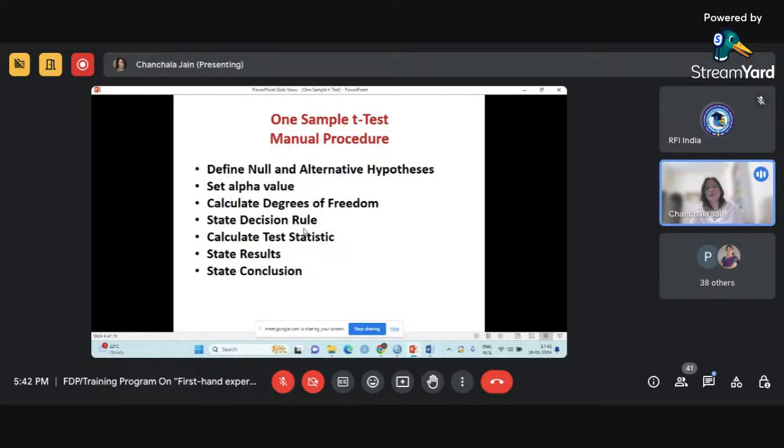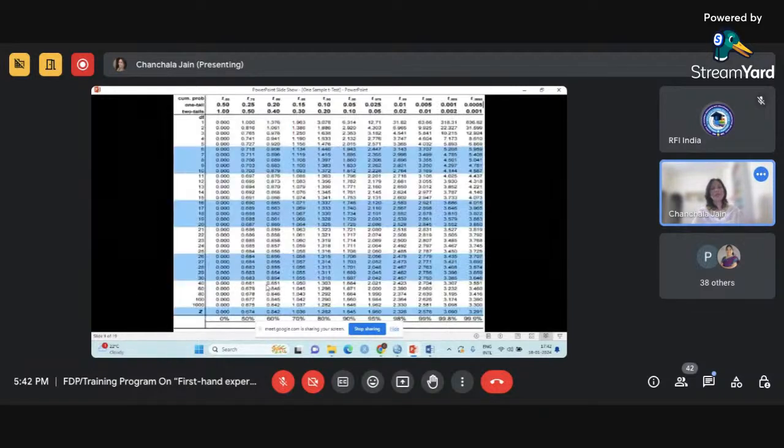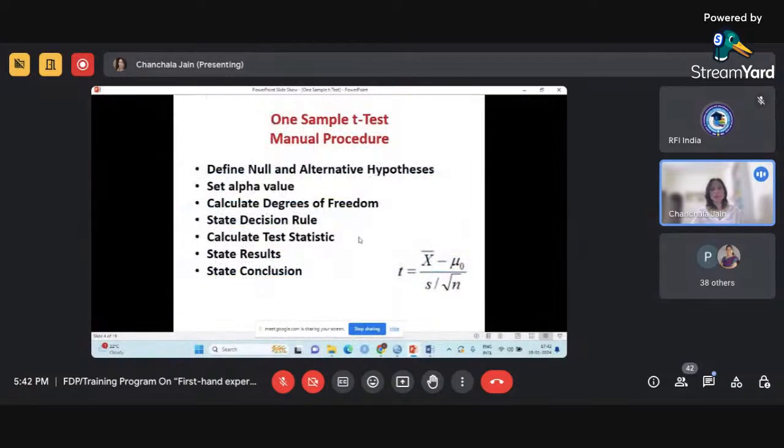So we will apply the one sample t-test, and the formula for one sample t-test is t equals x bar minus mu divided by s divided by root n. And then after that, we are going to state our results and give the concluding remark, right? So we can say this is the manual procedure, and somewhat this is the procedure we are also following using the software. I hope the procedure is clear.